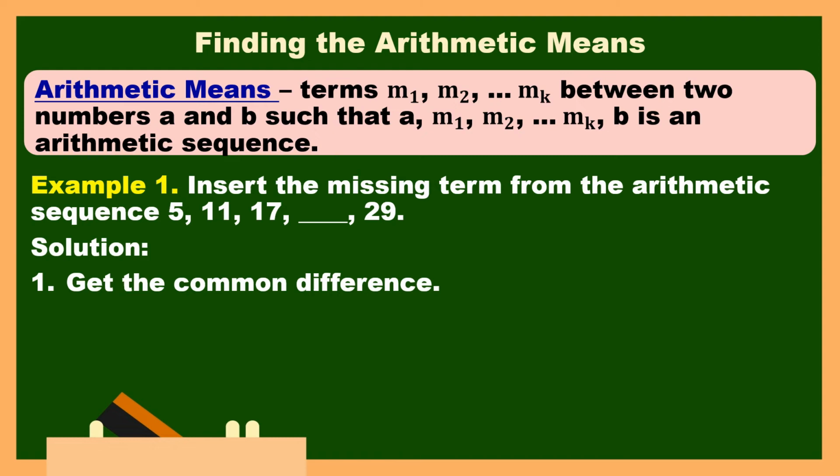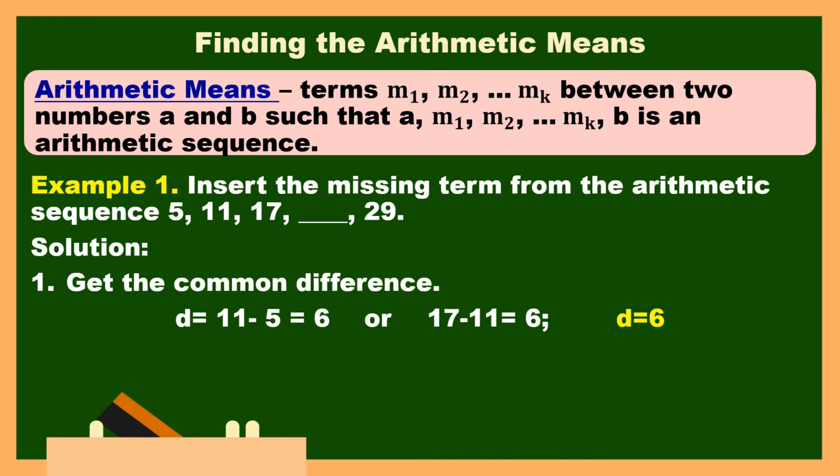So, isubtract natin ang first term mula sa second term. So, D is equal to 11 minus 5, which results to positive 6. And, isubtract din natin ang second term mula sa third term. Kaya naging 17 minus 11 is equal to 6. So, therefore, the common difference is equal to 6.